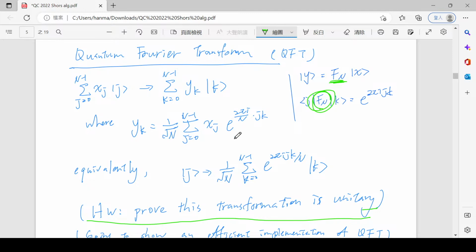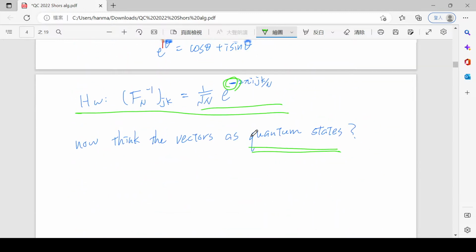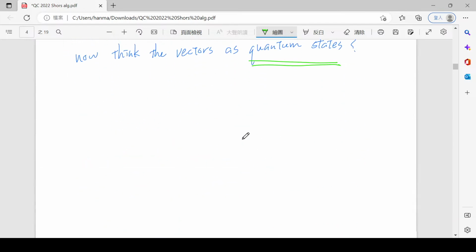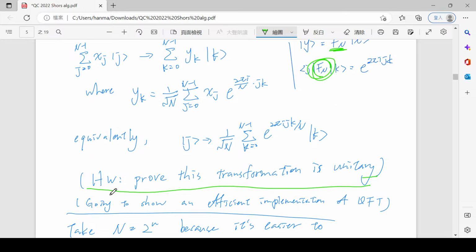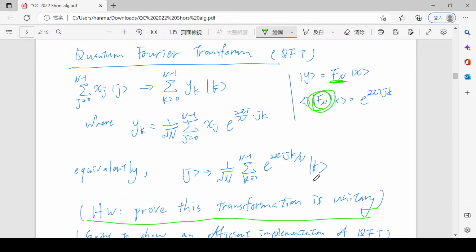As we said, discrete Fourier transform is basically just quantum Fourier transform, except that first we need to make sure this transform makes sense. This transform is actually unitary. And the second is we just change the notation to our familiar ket notation, right?